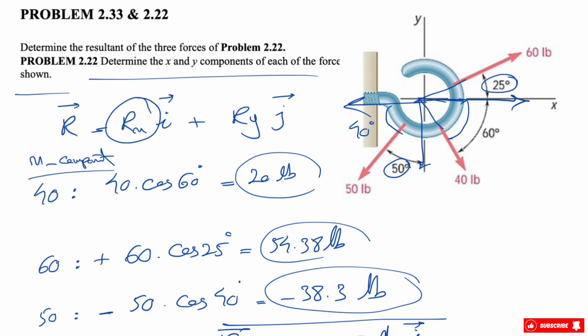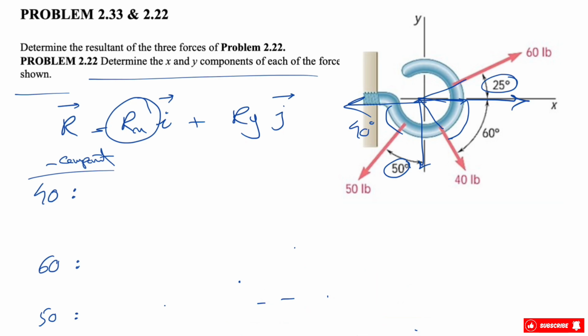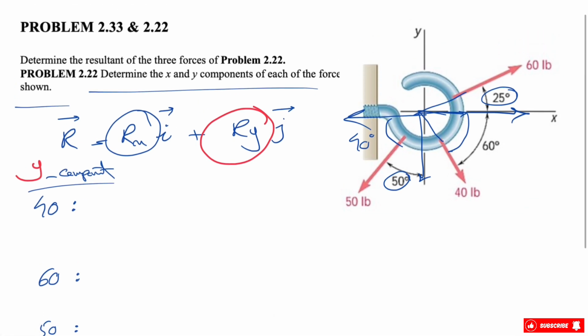We'll need to do the same thing for the y part, and I'm just going to clean up everything and we'll do the y component after this, and I'm going to show it in red. And now we are trying to find the Ry.